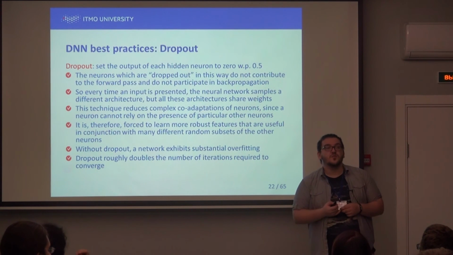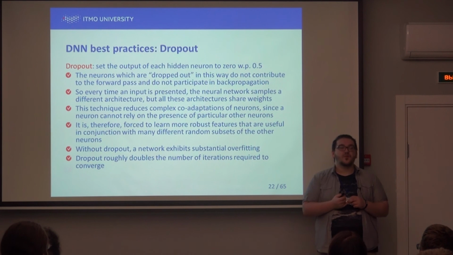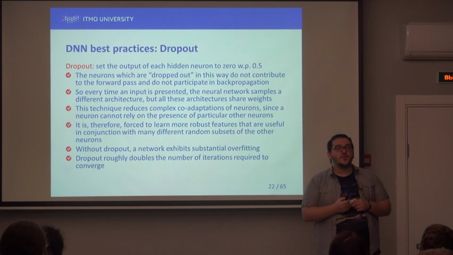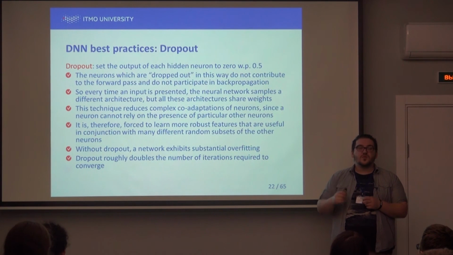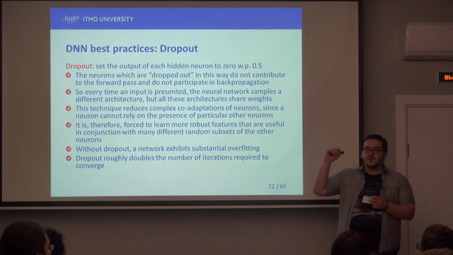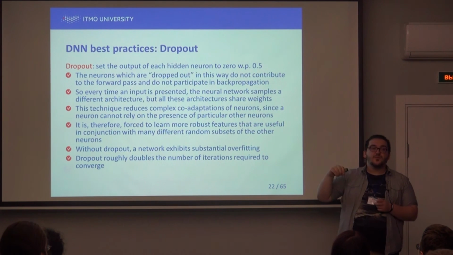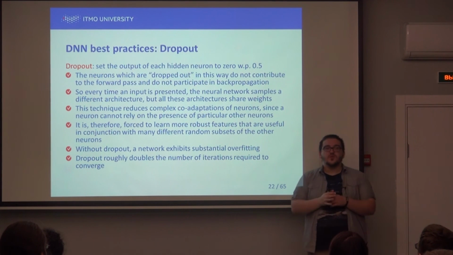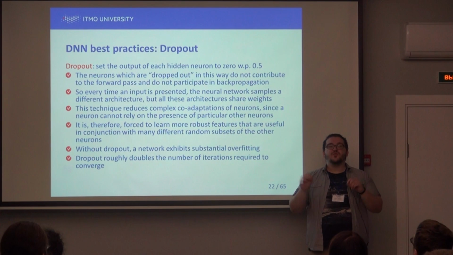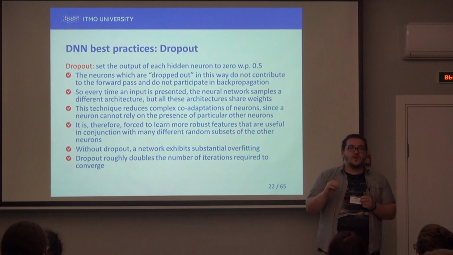Another technique which was also invented in 2012 is dropout. The key idea is that we do not want to learn all the neurons. We just want to randomly change the output of neurons. So in general terms, we just put randomization into our network. Why so?